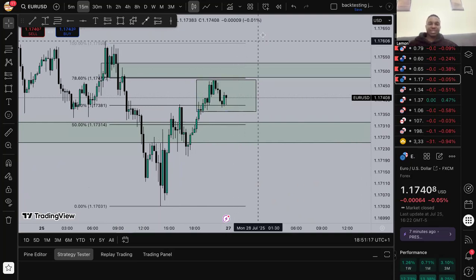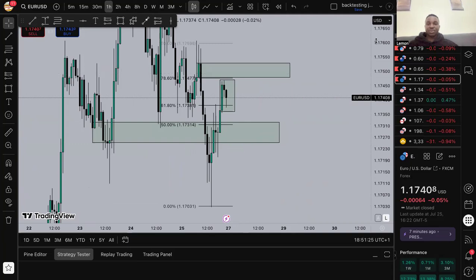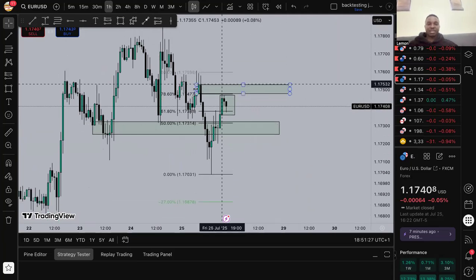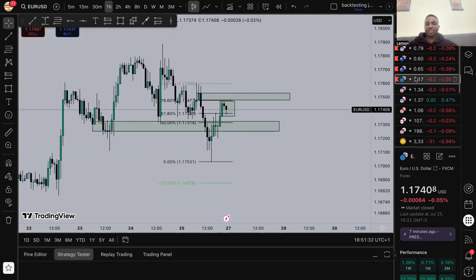So Euro USD for this week, our bias is we are shorting the market. If it breaks this level, then we can tell that we are going higher. So yeah, that's for Euro USD.